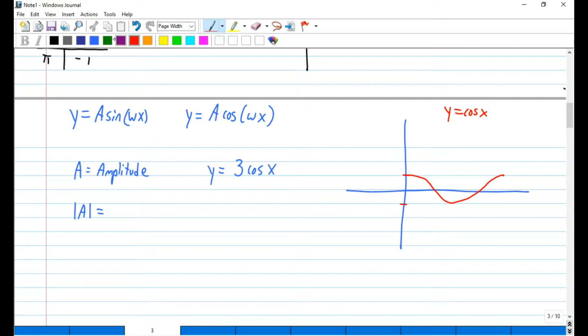Then y equals 3 cosine of x. Instead of having a high point of 1, it's going to have a high point of 3. And instead of having a low point of -1, it's going to have a low point of -3. It's still going to cross at the same places on the x-axis. Okay, it's just going to have, ooh, that wasn't too good.